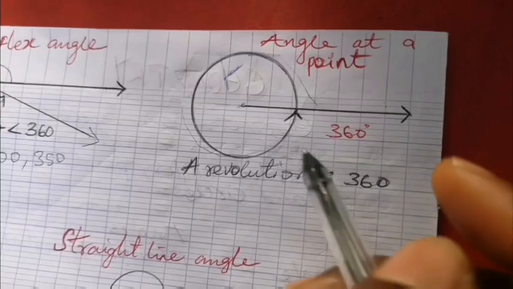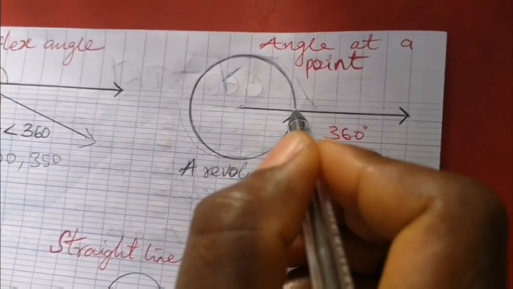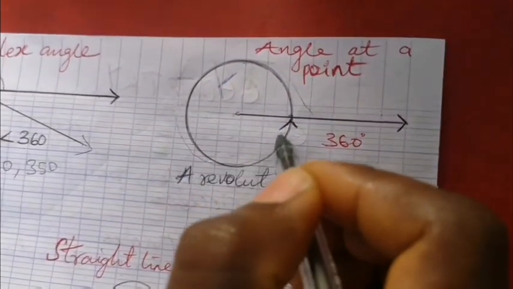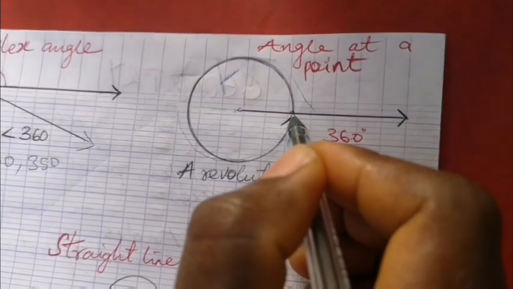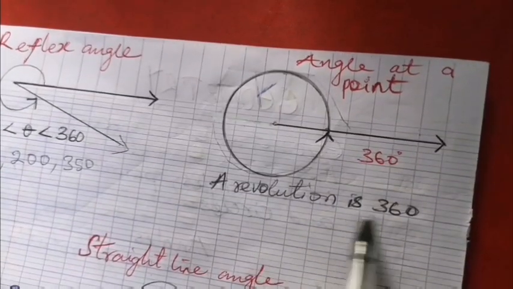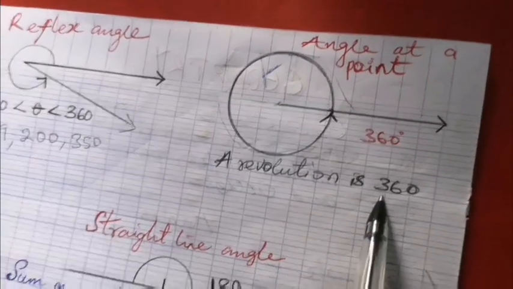Okay, when something moves round like this, starting from this place, moves round and returns back to the point where it started its journey, we call it a revolution. So this is one revolution. One revolution has an angle of 360 degree.